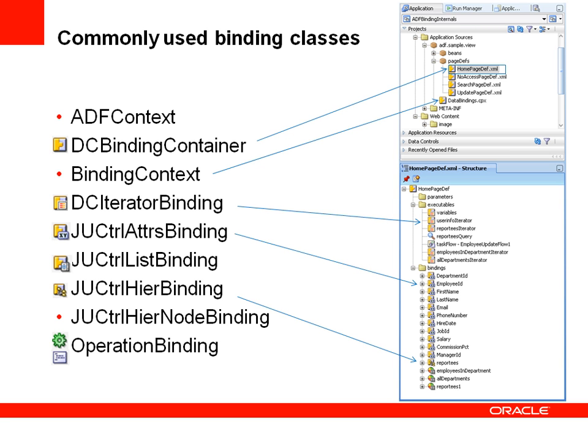The DCBindingContainer, an implementation of the BindingContainer interface, represents the page definition file at runtime. As I mentioned, everything that you specify in the page definition file is enclosed at runtime in a Java object, and this Java object is a DCBindingContainer. The DCBindingContainer gives you access to all bindings, to all executable bindings, to all variables, to all parameters, and to all component bindings.